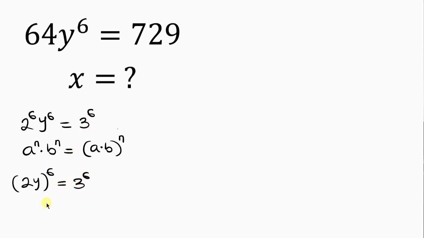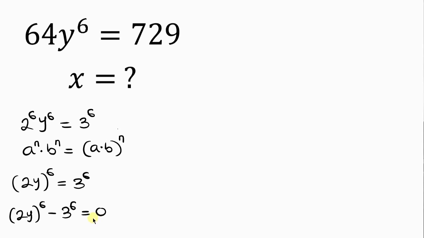Our next step will be for us to move 3 to the 6 to the left hand side, so that we have 2y to the 6. As 3 to the 6 crosses to the left, it becomes minus 3 to the 6 equal to, now nothing is left on the right hand side, so this becomes 0.